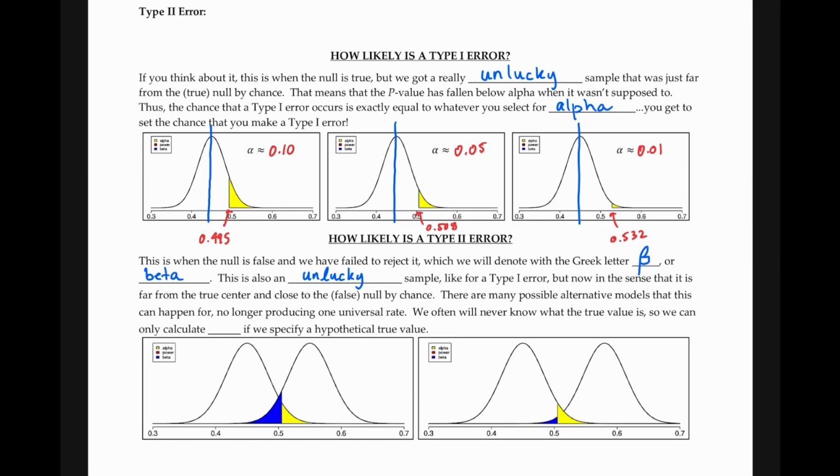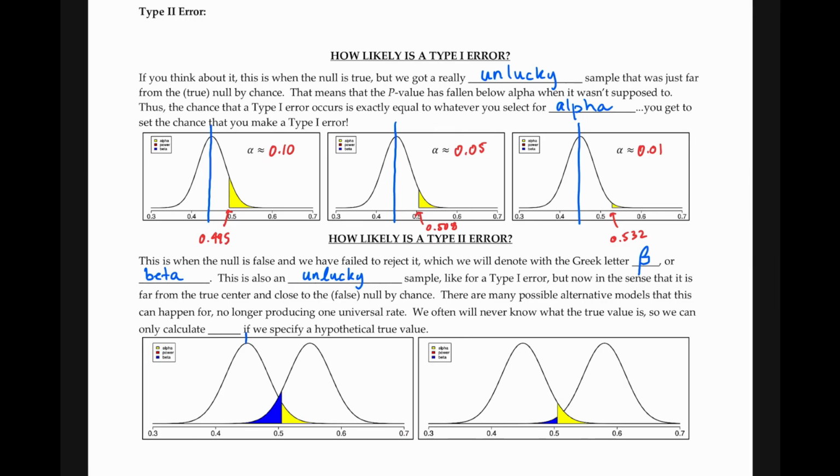We thought it was centered at, in this case, 45%. But what if this new vaccine we come up with has a true center that is further away, like 50%, 60%? Well, it means that we just got an unlucky sample from that distribution, and it just so happens that it's close to what we thought was the true distribution. It's a little tough, and we'll try to talk about this more in class.